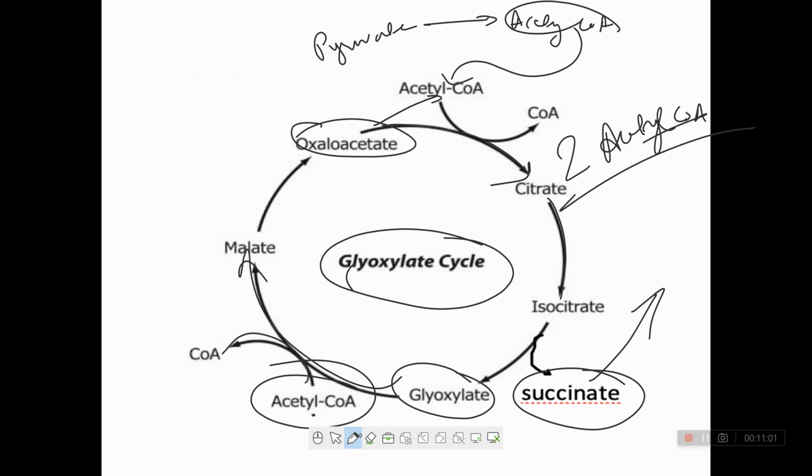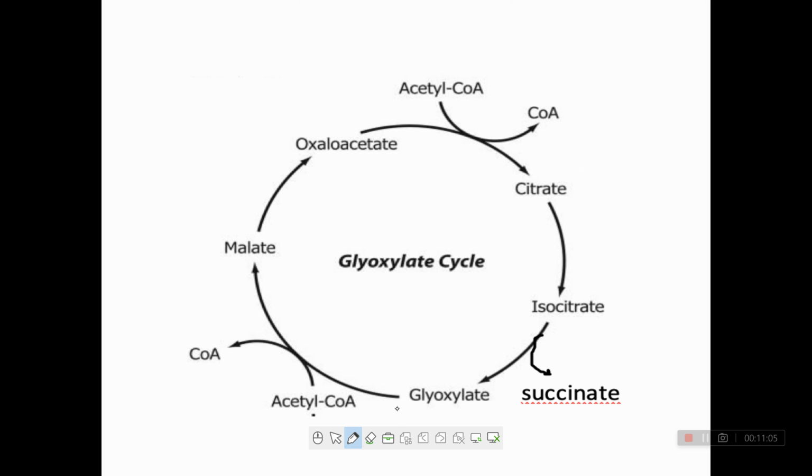So remember, in this pathway two molecules of acetyl coenzyme A are used. Clear? Is this pathway clear? Where it takes place, what the final product is, and in which condition the glyoxylate cycle takes place.